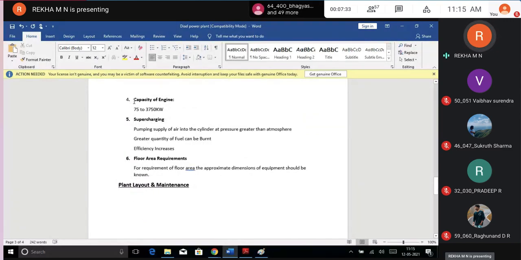Moving on to the capacity, it is around 75 to 3,750 kilowatts.